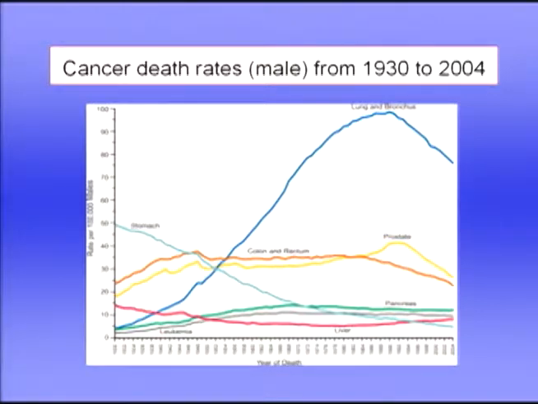Look at the cancer death rates from 1930 to 2004. Now, I don't know if you can easily read these, but this is stomach cancer here, which happily has declined. I don't know why. And other diseases, colon and so on, prostate cancer up here, pancreas and so on. But look at lung cancer. Tremendous increase. And that's because of the increase in smoking during World War II.